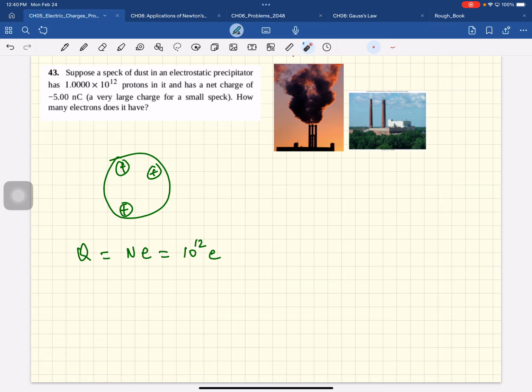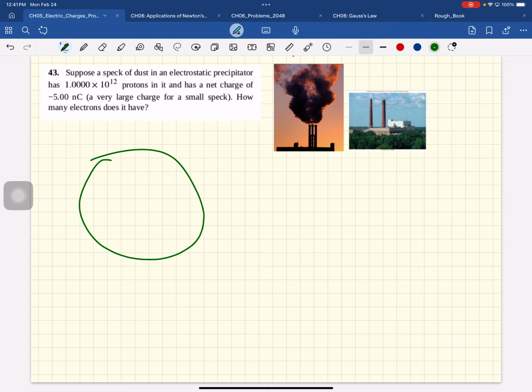Suppose a speck of dust. Oh, wait a second. Has 10 to the 12 protons in it and has a net charge. Okay, sorry, I was reading it wrong. So this thing has a negative charge.